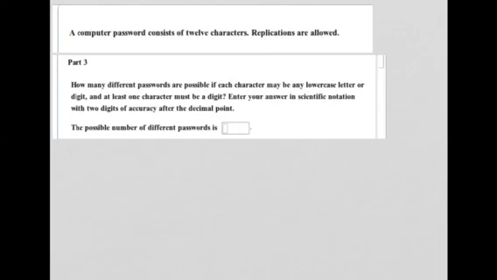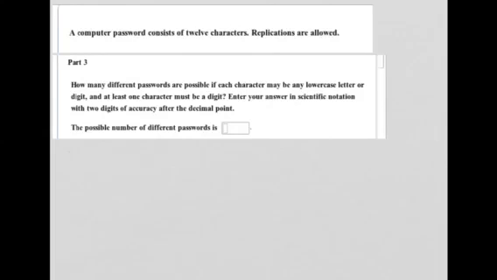Now in part 3, we want to know how many different passwords are possible if each character may be any lowercase letter or digit, and at least one character must be a digit. So in the last one, we wanted no digits at all. And now we're saying at least one digit, a minimum of one digit, or possibly up to 12 digits.